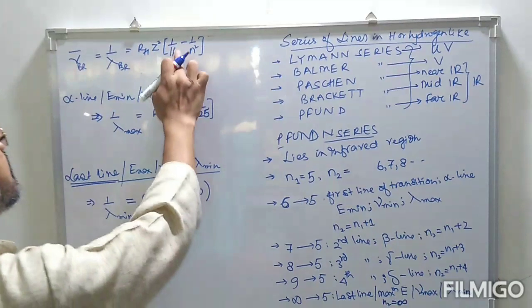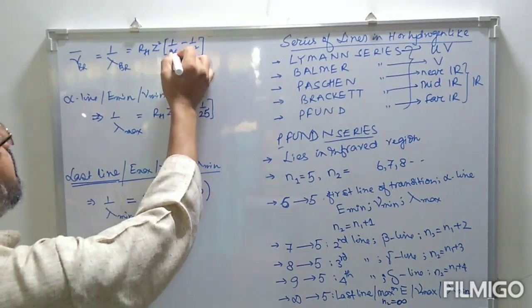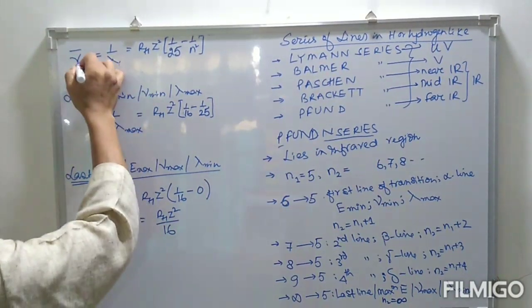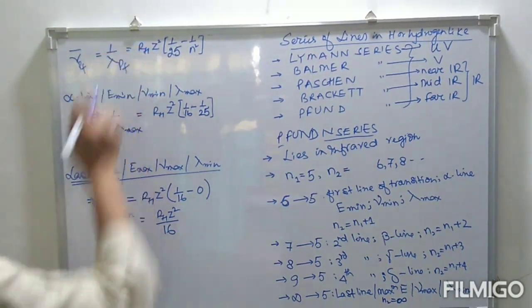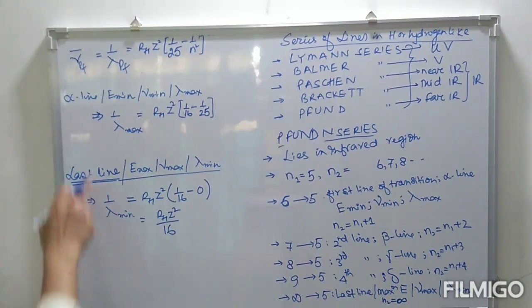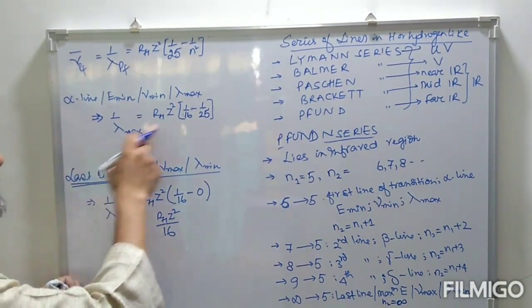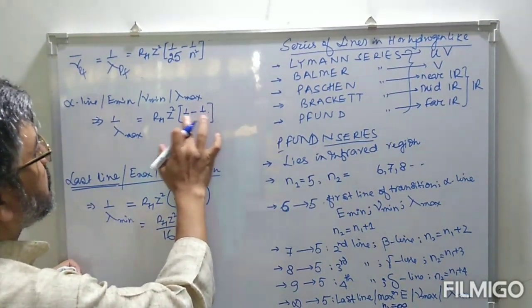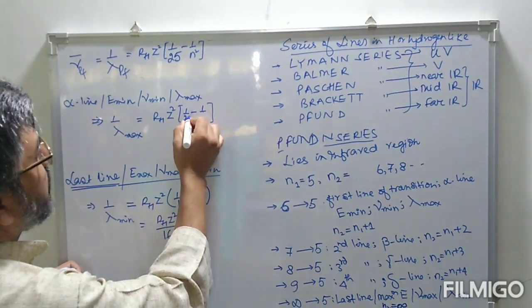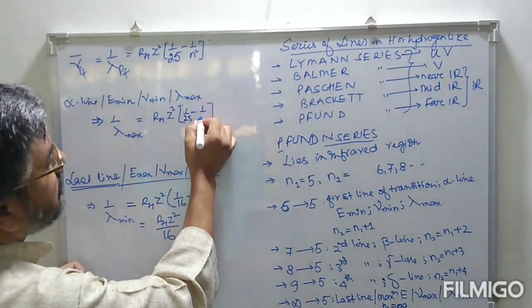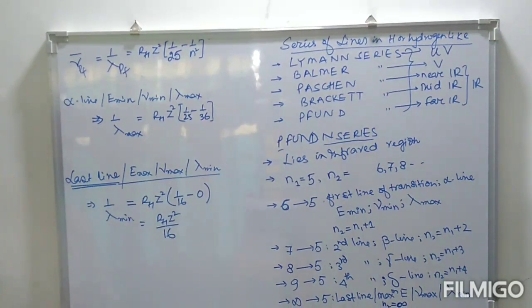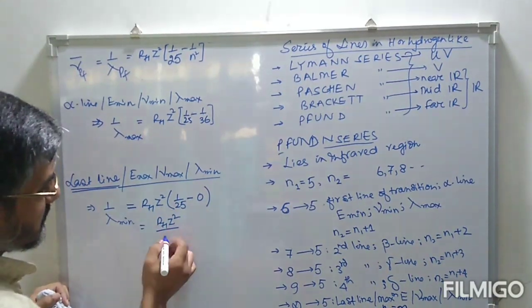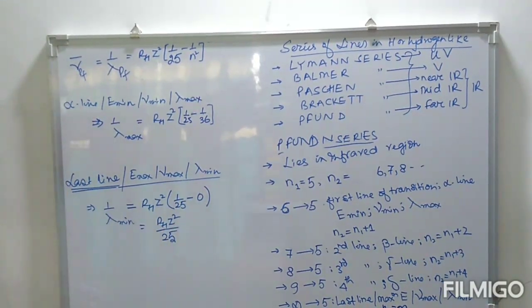So the equation applicable is the Rydberg equation for this series. For the maximum wavelength, that is the alpha line, this equals 1 by 25 minus 1 by 36. Then the last line.